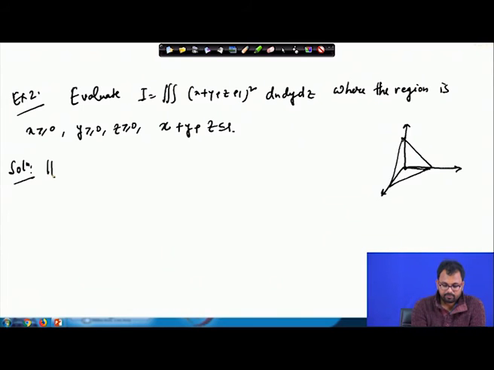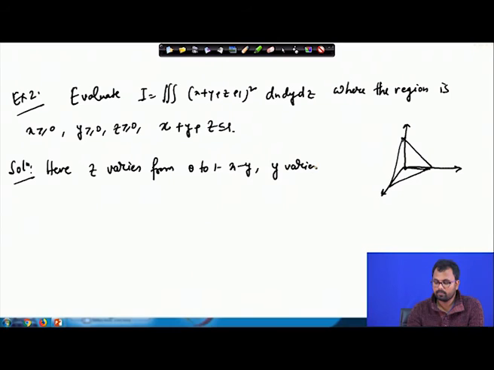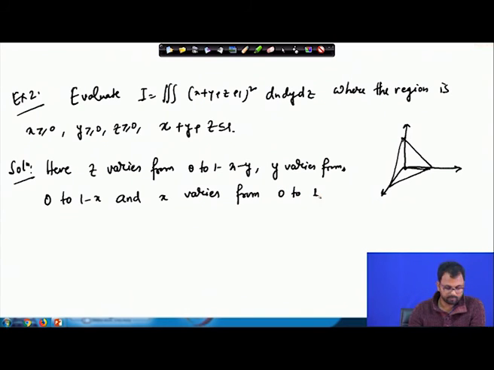So, here z varies from 0 to 1 minus x minus y, y varies from 0 to 1 minus x, and x varies from 0 to 1.